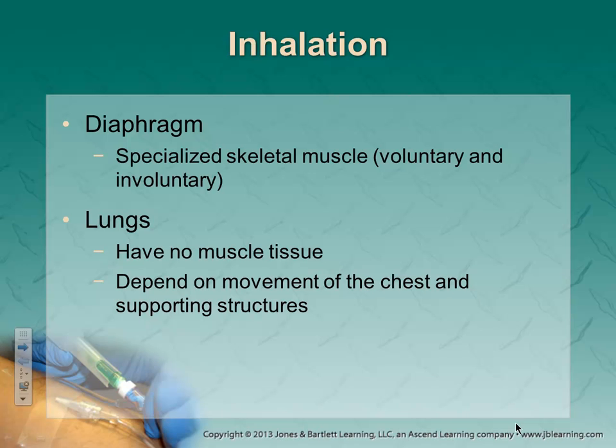They depend on the movement of the chest and the supporting structures. So that's why if we have some type of traumatic injury that compromises the chest integrity, or some kind of abdominal injury that compromises the diaphragm, we can't breathe very well, because the lungs depend on these muscles to create this negative pressure. Just like a balloon depends on you blowing air into that balloon for it to expand. If it doesn't, it's just going to sit there. Okay?